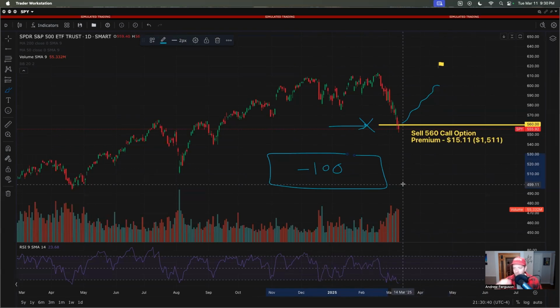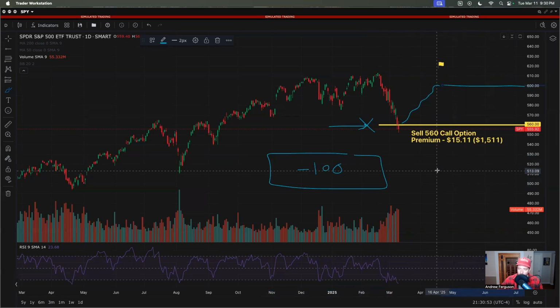In order to cover your short, and there are other margin impacts that may be required in this scenario, but to cover your short, you're going to have to turn around and buy 100 shares at 600 bucks, meaning you sold something for 560 and paid 600 to get it back. Man, you're going to be down about 4K on that trade if this was to play out.